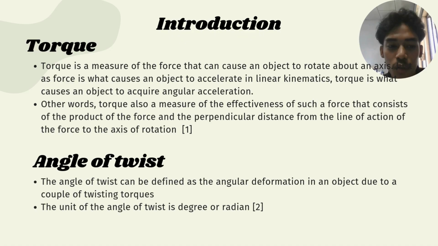Next is angle of twist. Angle of twist can be defined as the angular deformation in an object due to a couple of twisting torques. So the unit of angle of twist we are using in this experiment is radian.